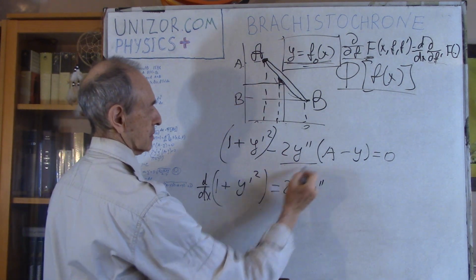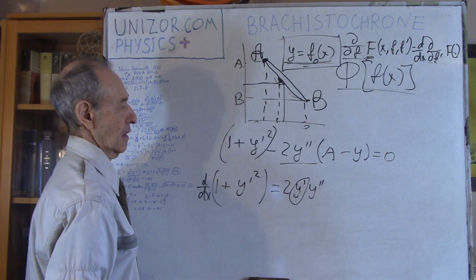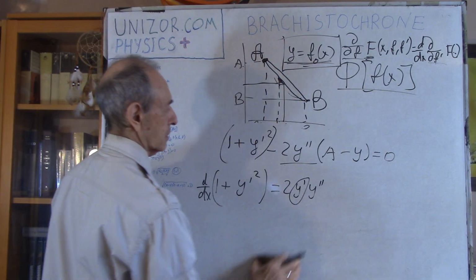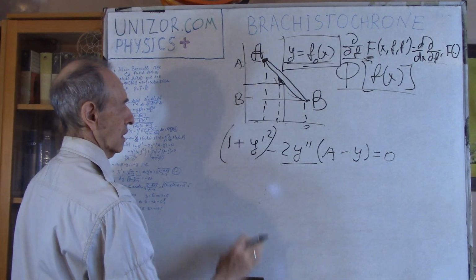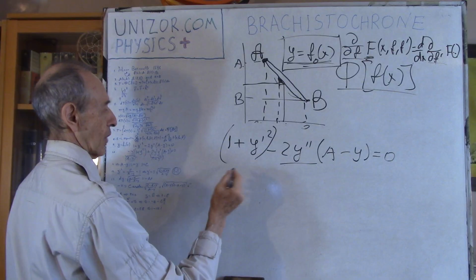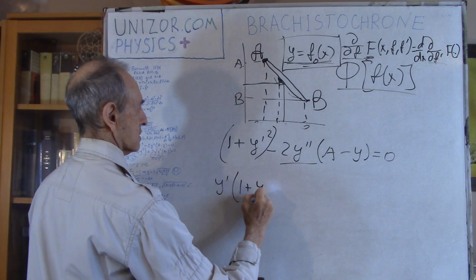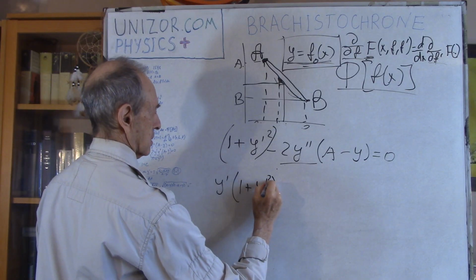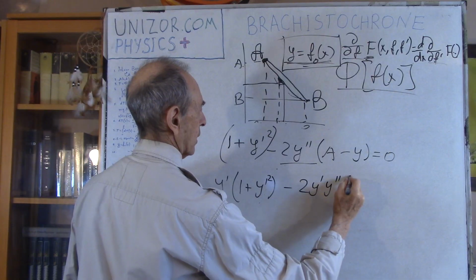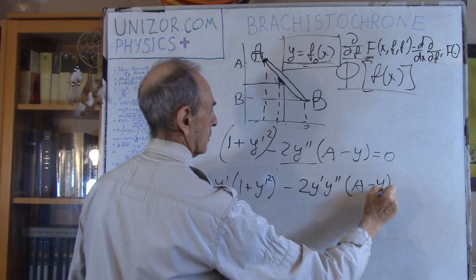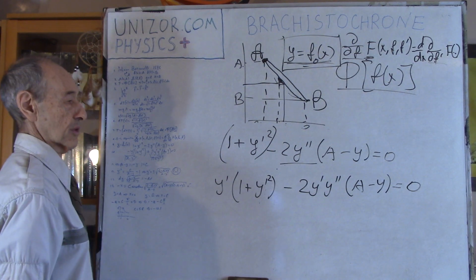Now, if you compare it with this, there is a missing factor here. So what if we multiply the whole thing by y prime? So you will see y prime times 1 minus y prime squared, minus 2 y prime y double prime times a minus y. It's still equal to 0 because you're just multiplying by a derivative.